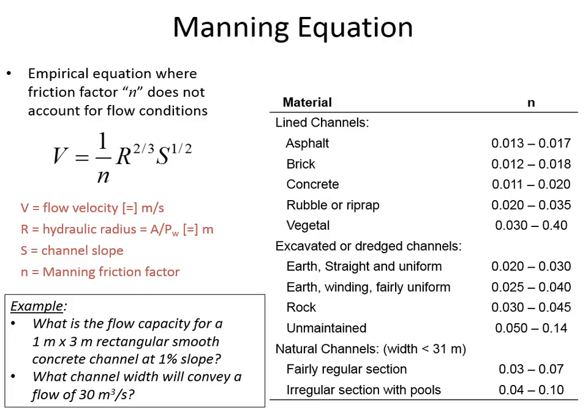What we have to do is express Manning's equation in terms of an unknown width B. And so that would be 30 cubic meters per second is equal to B times 1, because that's the formula for area, the depth Y times the width B. So this is area divided by 0.011.